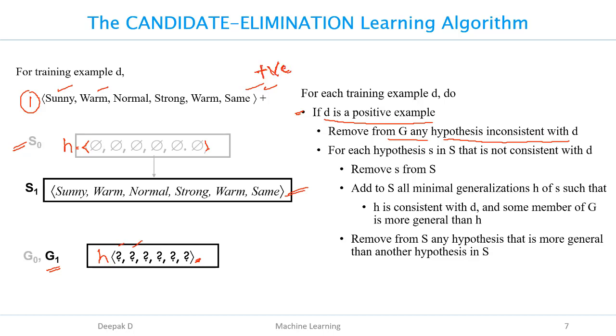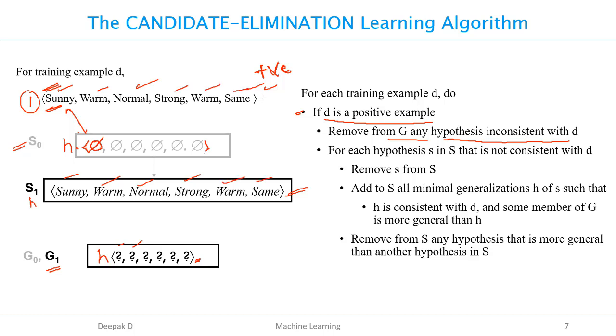So how do you do this? Again, you compare your instance with this hypothesis. Any value is acceptable, but here you have a null value. In order to make this instance a positive instance, how do you have to update your hypothesis? By replacing with the same values: sunny, warm, normal, strong, warm, same.